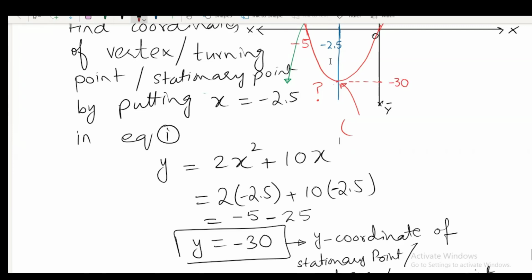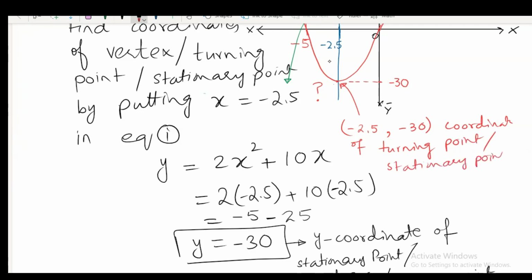Minus 2.5 and minus 30 are the coordinates of the turning point, or we can say stationary point, or we can say the vertex.